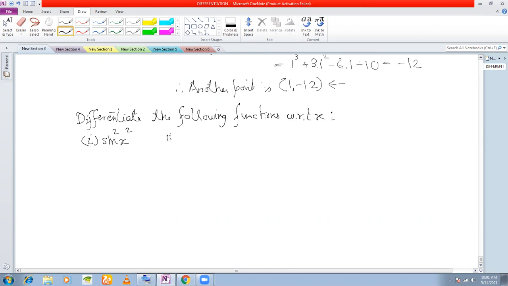Next is cot sine root x. These are all composite functions. Composite functions are functions of functions. I had mentioned in your class 11, if you remember. That is one function inside the other. These are called composite functions.